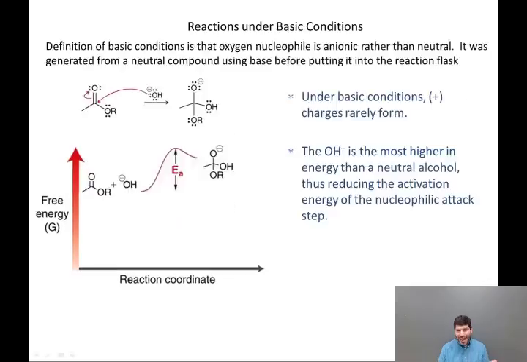In contrast, this reaction can also take place under basic conditions. My definition of basic conditions is that the oxygen nucleophile is anionic rather than neutral. The anionic oxygen nucleophile was generated at some point in the past from a neutral compound using base before putting it into the reaction flask.